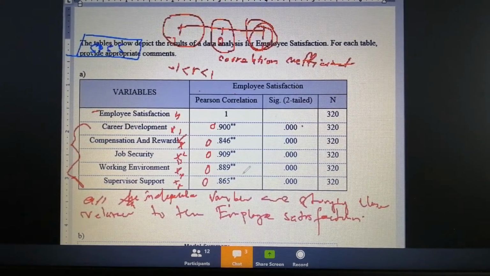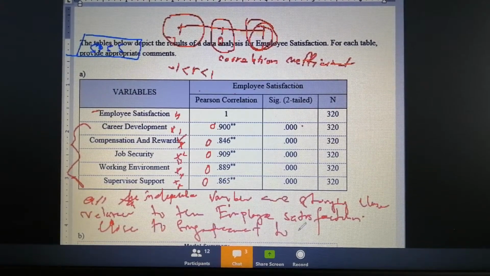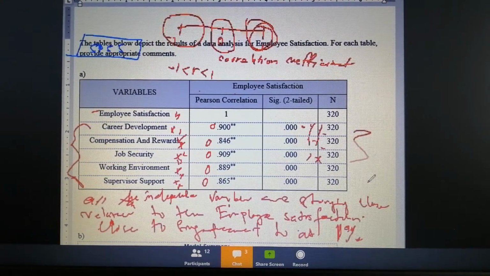So you can say that this is significant at 1%. Okay, and so on. So this is your first question.